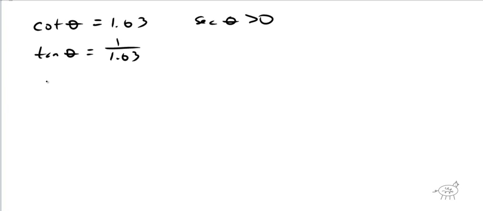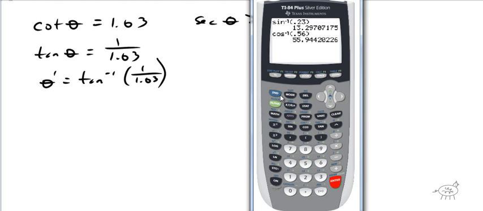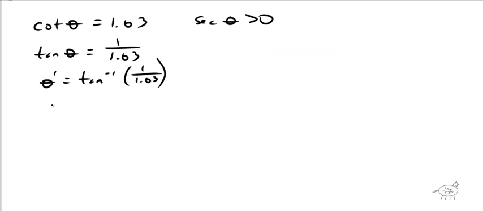Then theta prime is equal to inverse tangent of 1 over 1.63. Let's do that. Inverse tangent of 1 divided by 1.63. Hit enter, and we get 31.5 degrees. So theta prime equals 31.5 degrees.